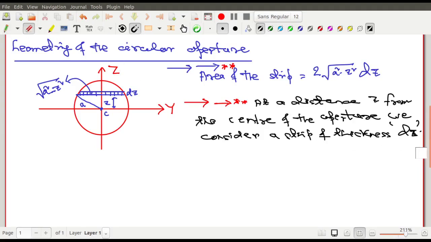Then you write the area, তারপরে লেখো এরিয়াটা. Then you write the area of the strip, that's it, done.